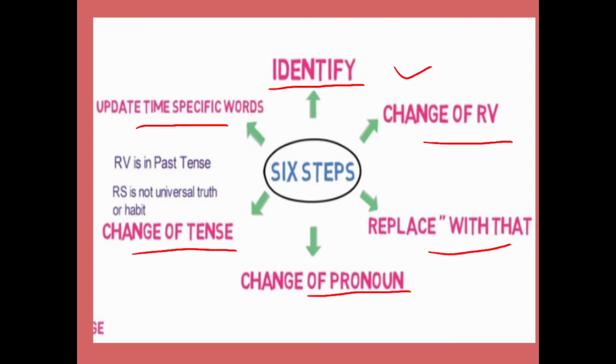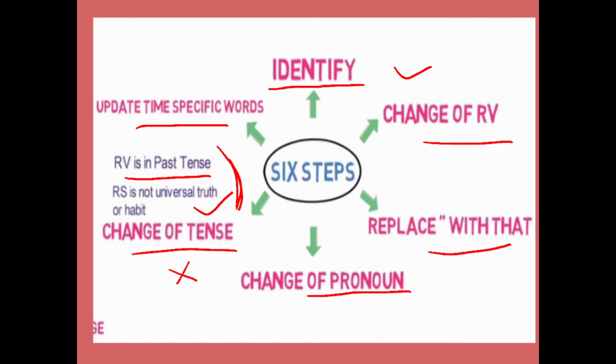This change will be there if the reporting verb is given in past tense, and if the reported speech is not a universal truth. If these conditions are not there, if the reporting verb is in present tense or in future tense, we will not make the changes of tense. Okay, and if the reported speech is a universal truth.